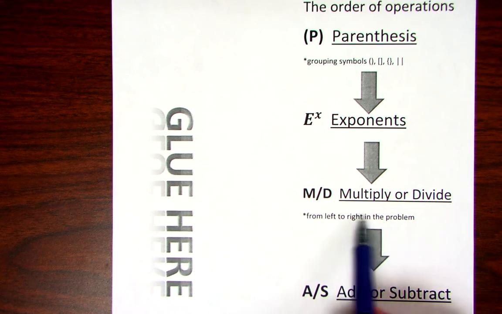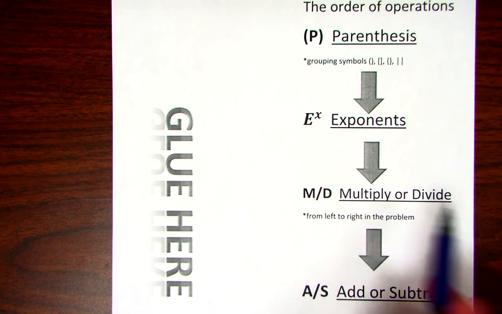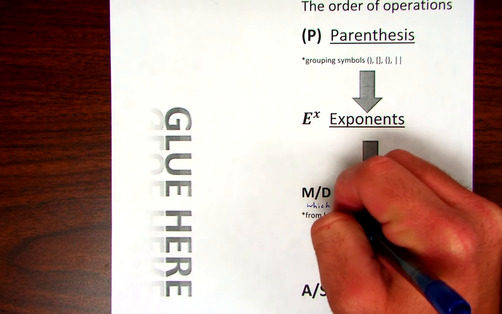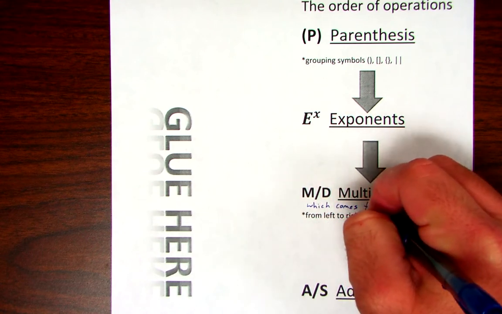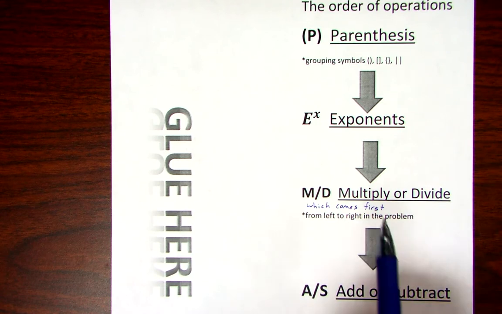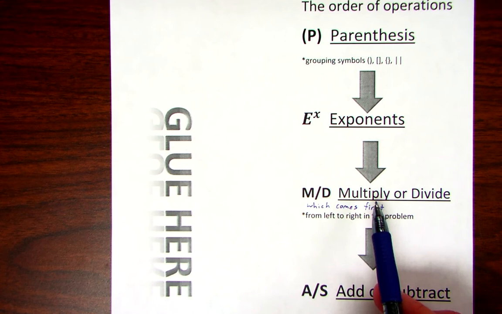So I'm going to write a little something in here. When you get to the multiply or divide, it's whichever comes first from left to right in the problem. So if you see the divide first, you have to divide before you multiply.